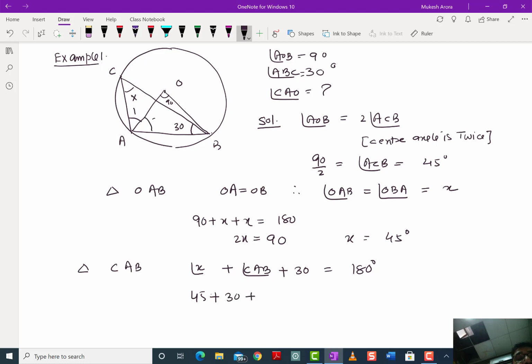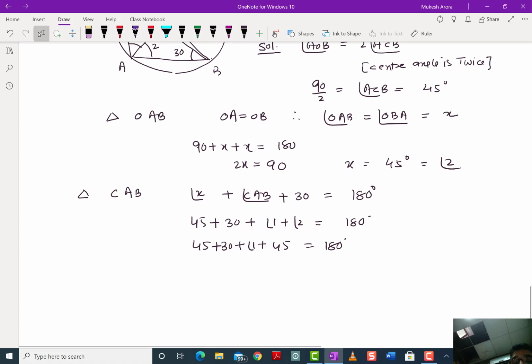CAB we can write as angle 1 plus 2, and angle 2 is also equal to 45. So 45 plus 30 plus angle 1 plus 45 is equal to 180. 45, 90, 120. So angle 1 is equal to 180 minus 120. Angle 1 is equal to 60 degrees.